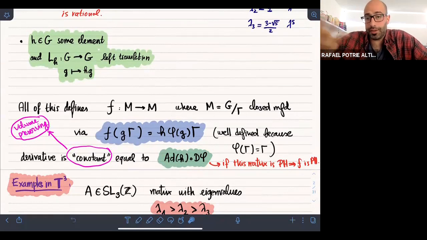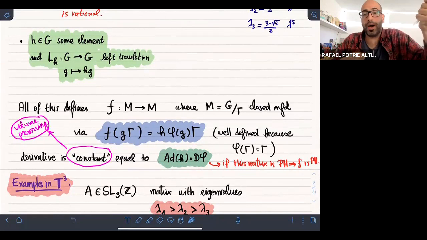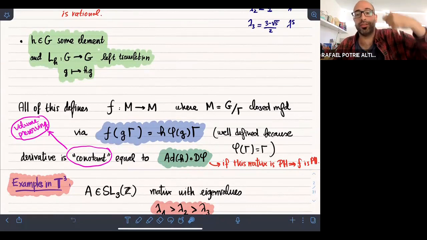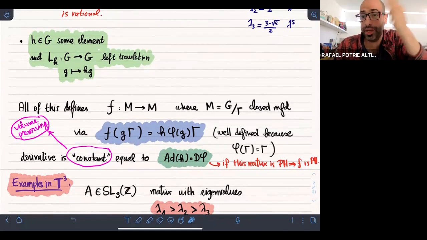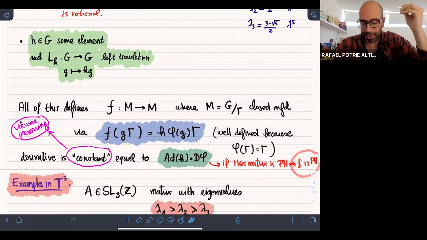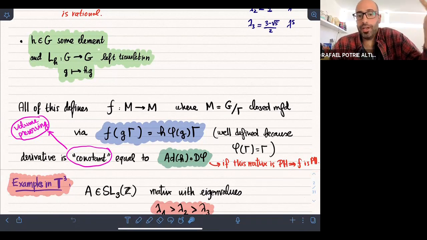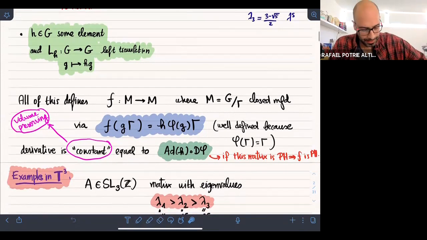By choosing the right coordinates, this derivative is constant. And of course, if this matrix has some eigenvalue larger than one, some eigenvalues equal to one, or different modulus of eigenvalues, then you will have a splitting, as in the partially hyperbolic splitting, and this diffeomorphism will be a partially hyperbolic system. Many homogeneous systems will be like that.